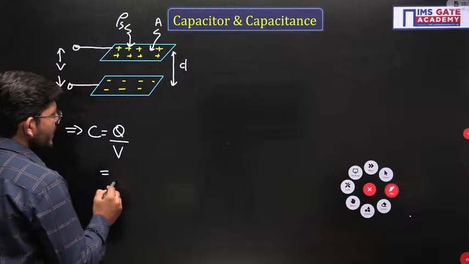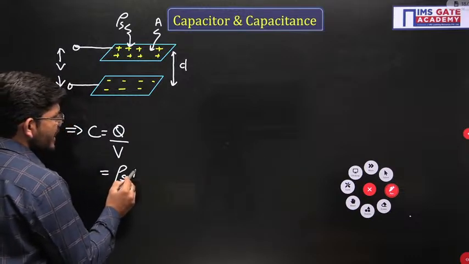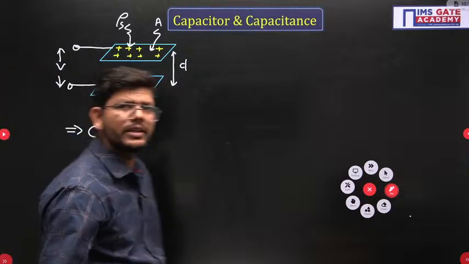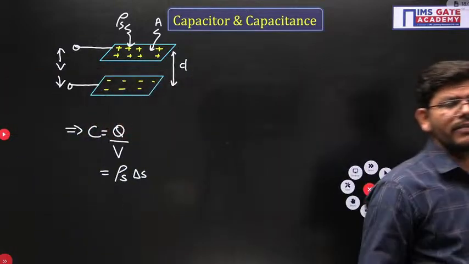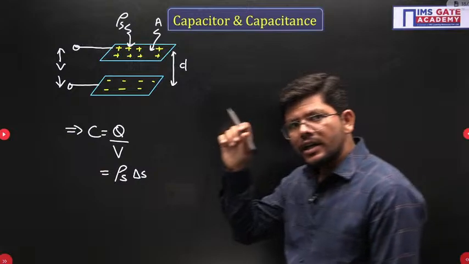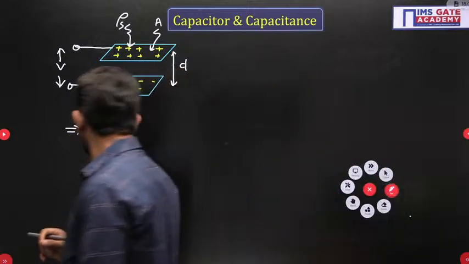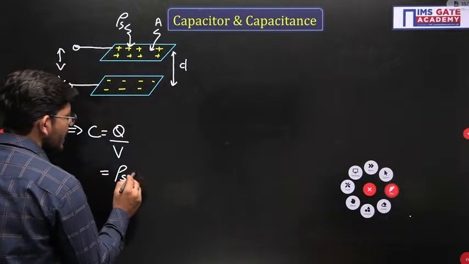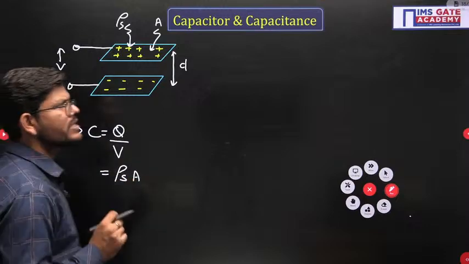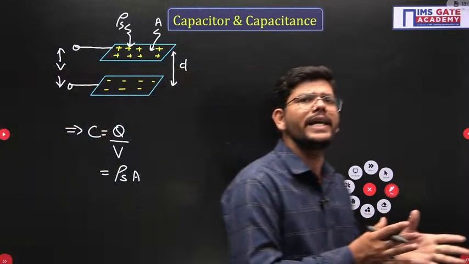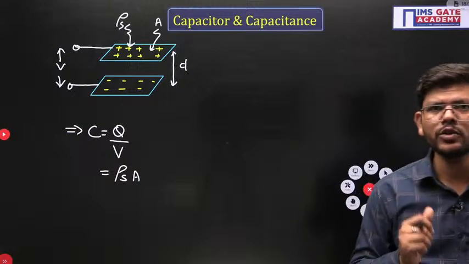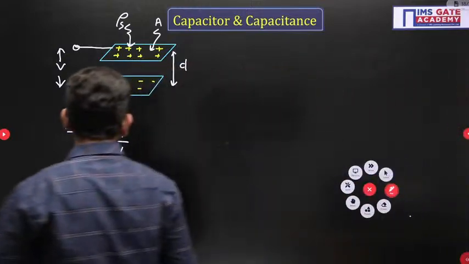Q will be rho s times dS. Surface charge density is charge divided by area, isn't it? So let me write area here. Charge divided by area is surface charge density, so surface charge density times area will be the charge. So we can write the charge in this way.